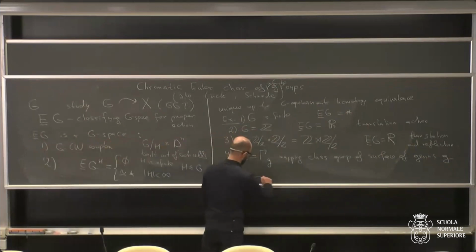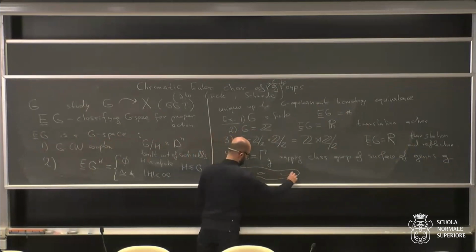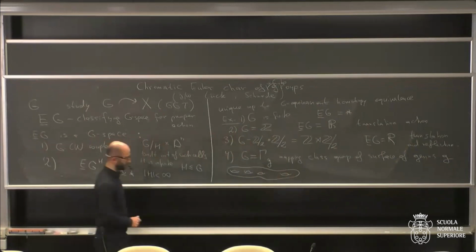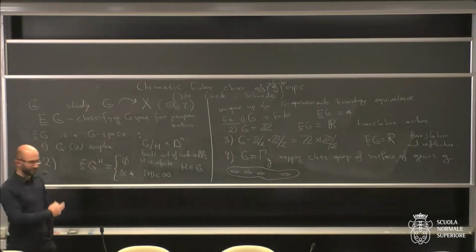I mean, a surface of genus G, of course. I was at a conference once, and someone joked that every talk in topology should contain a picture of a manifold, and that's my picture.